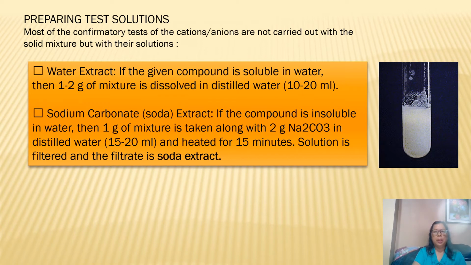After heating, the solution is filtered and the filtrate is what we call the soda extract. So that is now the equivalent of the water extract. Now, why is it called soda extract? Because of the presence of sodium carbonate, and the soda that you drink usually has sodium carbonate.